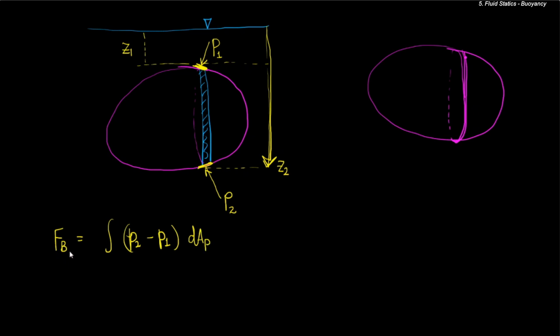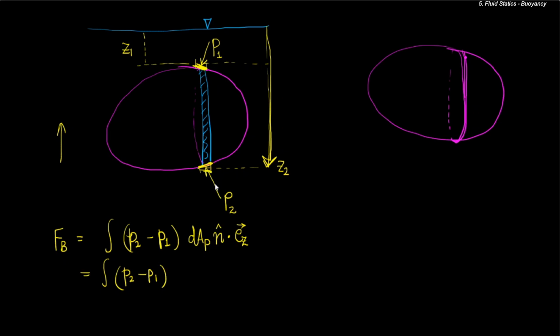But now because the buoyancy force is in the vertical direction, this n cap must be dot product with Ez, the unit vector in the z direction. Essentially this is equivalent to writing P2 minus P1 times the projection of these two areas onto the vertical location.